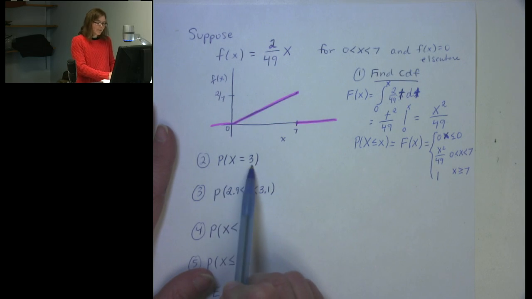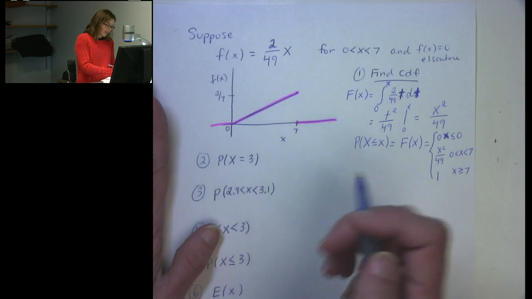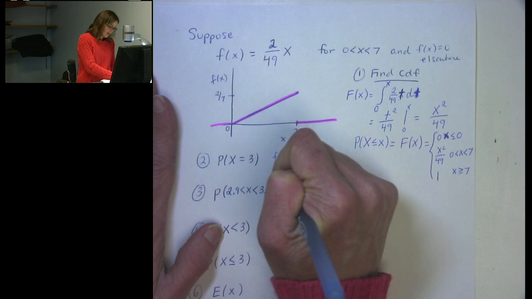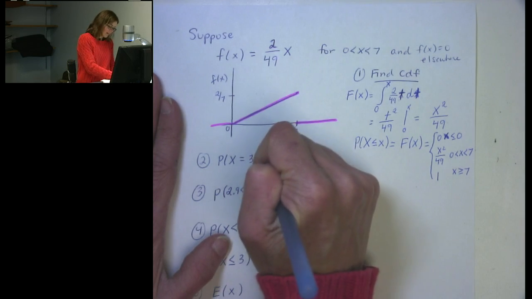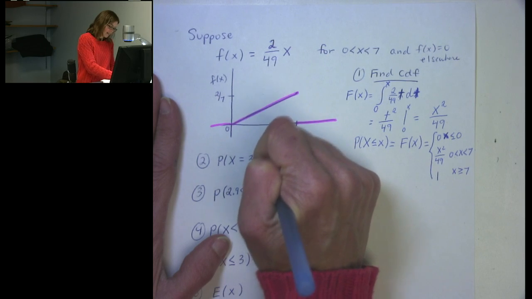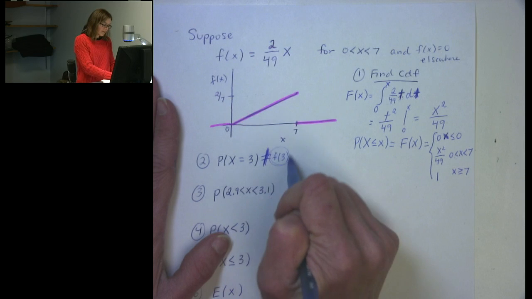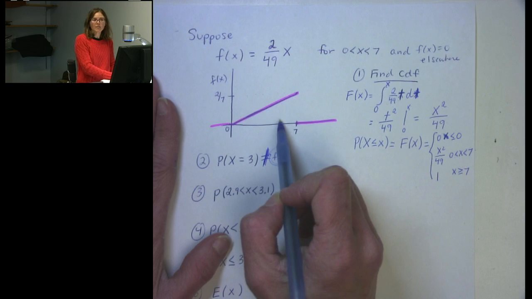If I want to find the probability that x is equal to 3, often people will make the mistake of saying, oh, I'll calculate f of 3. That would not be correct. The probability density function evaluated at 3 only is going to tell us the height of the PDF at that value.